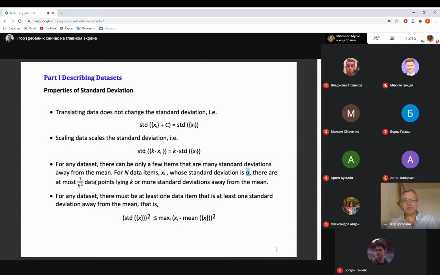This is the sense of this property of standard deviation.